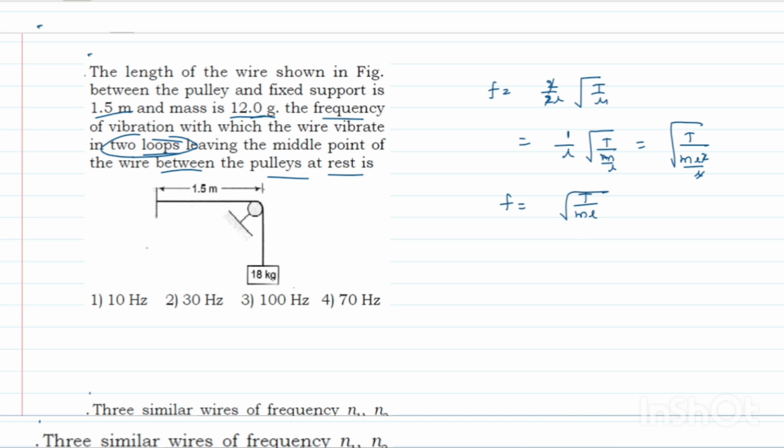Tension here is T equals 18G, since the tension is supported by 18 times G. Now just substitute that value: 18 into 10 divided by the mass, which is given as 12 grams, that is 12 into 10 power minus 3, into the length L, which is given as 1.5 meters.